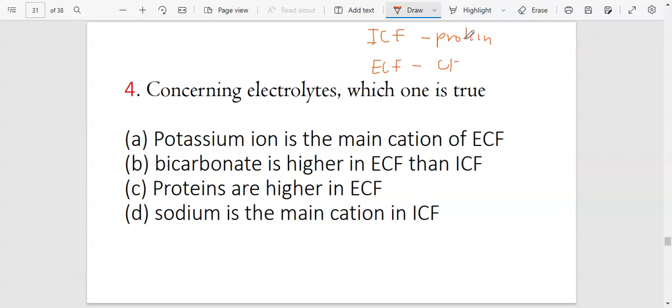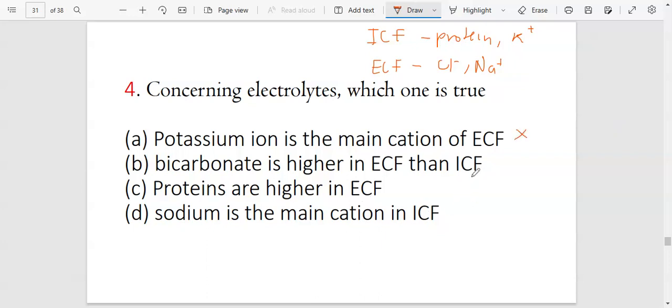Proteins, because of that, are going to attract those which are positive, like the potassium ions. When the chloride ions are pushed into ECF, they're also going to attract positive ions, like the sodium ions. So the major cation in ECF is not potassium but sodium. So this option is wrong.